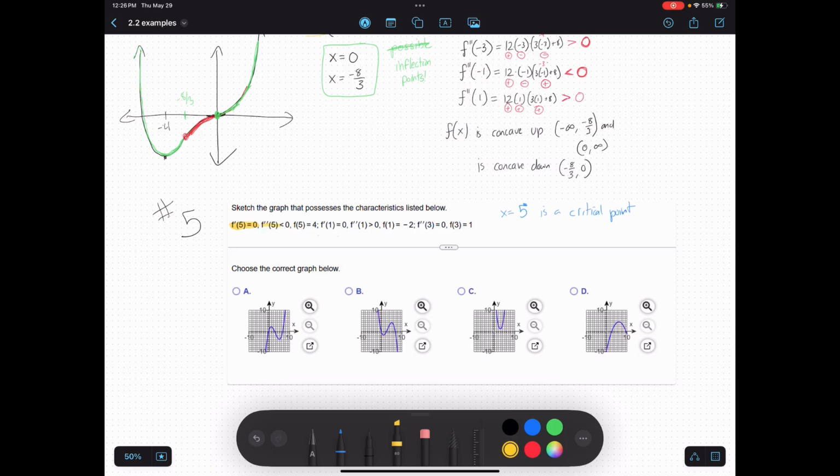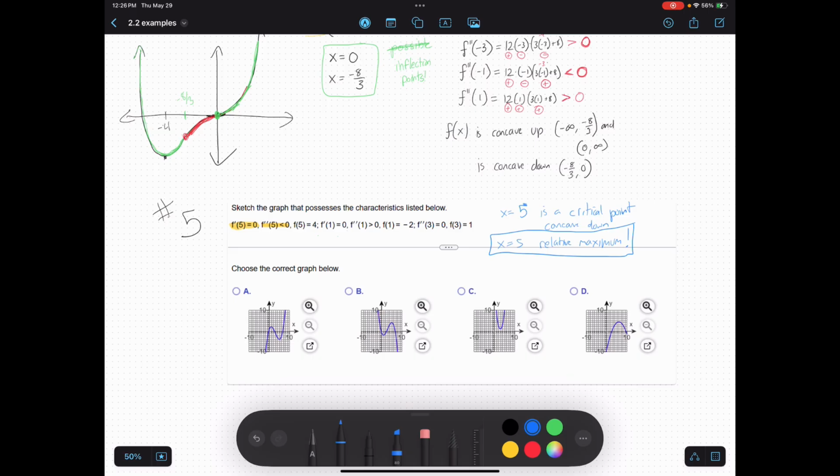Next, it tells me that the second derivative is negative at that same x value. So what does that mean? That means I'm concave down. And at this point, using the second derivative test, what does that tell me? Based off the second derivative test, this tells me that x equals 5 is a relative maximum, just based off of those two pieces of information.